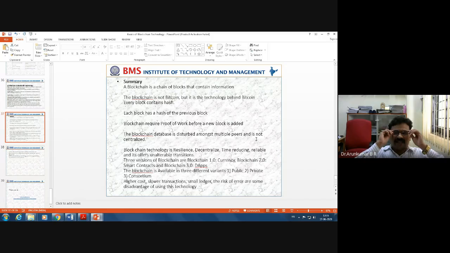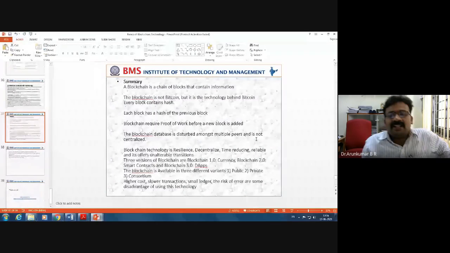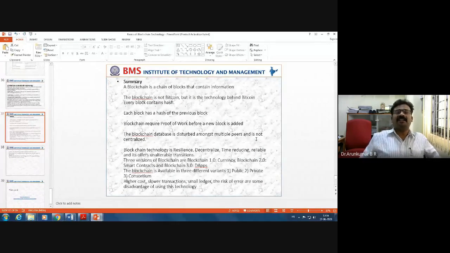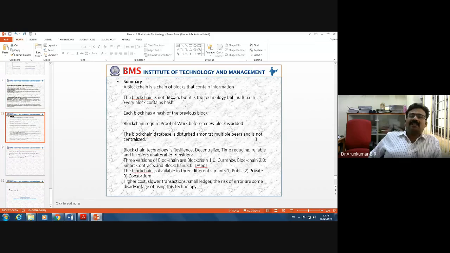Every block contains a hash, and every block has the hash of the previous block. A small change in the content of a block results in a drastic change in the hash, which is the outcome of the hash algorithm.